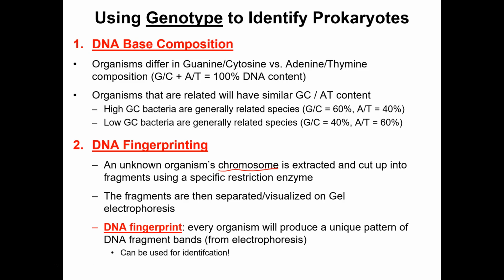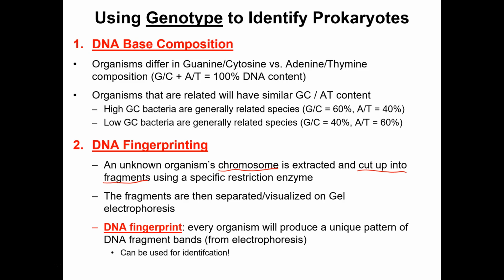You remove that chromosome, and then you cut it up into a whole bunch of fragments using enzymes called restriction enzymes, which we'll talk about in Chapter 9. And these restriction enzymes set up a pool of DNA fragments.